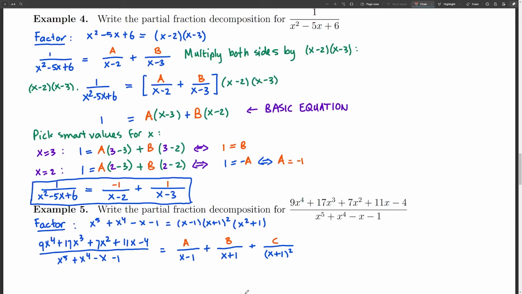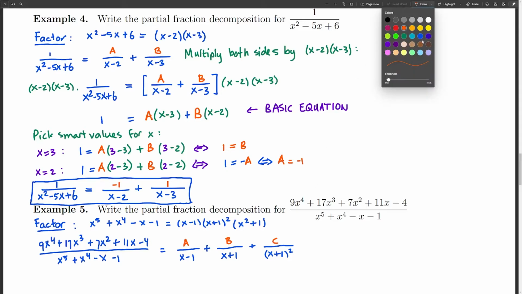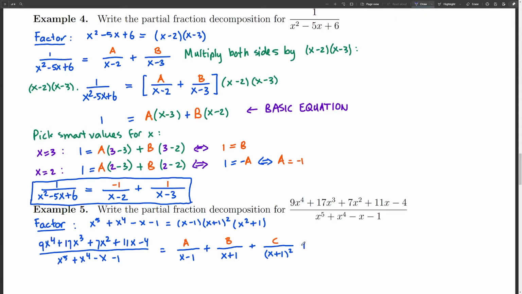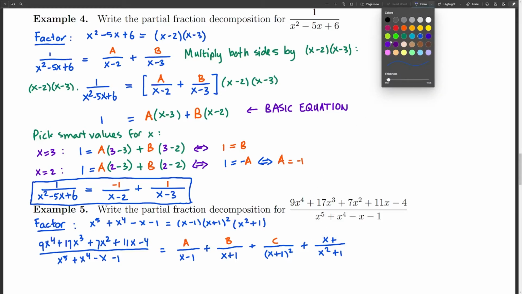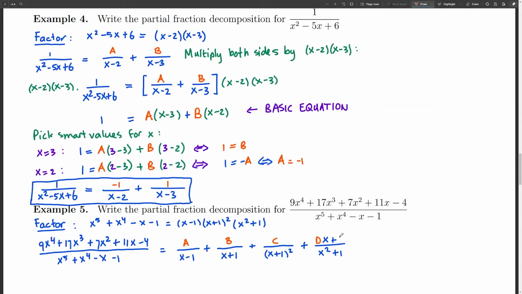And then finally, our final factor of the denominator is x squared plus 1. This is an irreducible quadratic factor. So we write x squared plus 1 in the denominator, and now we'll have a linear term, not just one constant, but a linear term that consists of d times x plus e.